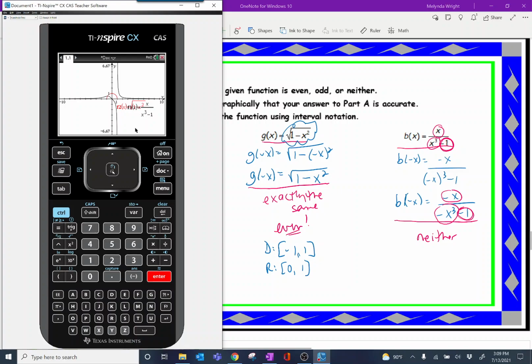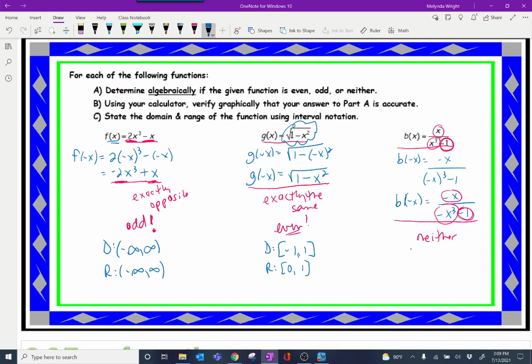So our domain is negative infinity to 1, and 1 to infinity, and our range is everything. All right, very good.